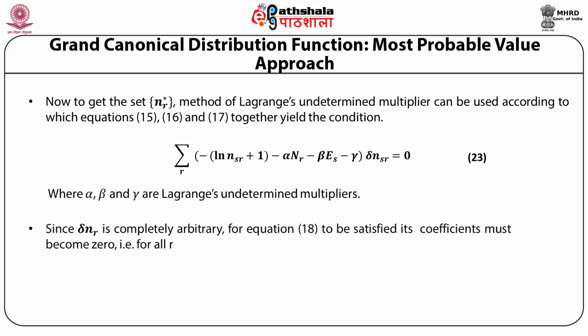Since delta n_sr is completely arbitrary, for equation 18 to be satisfied, its coefficients must become 0. That is, for all s, r, minus log of n star sr plus 1 minus alpha n_r minus beta E_s minus gamma must be equal to 0.